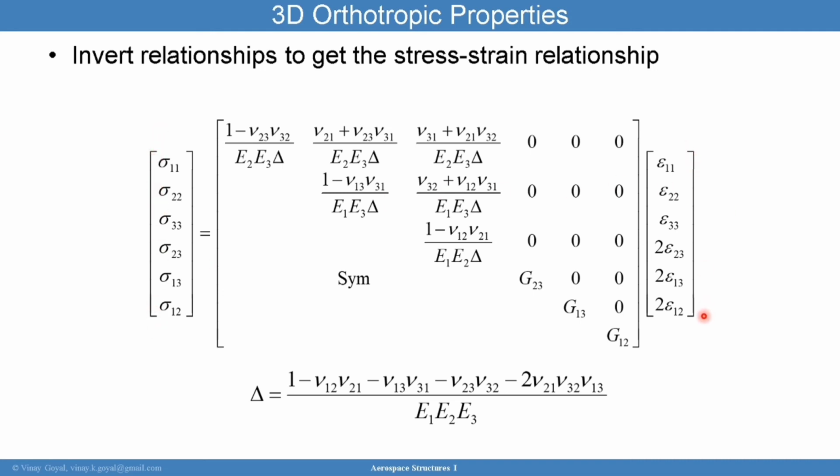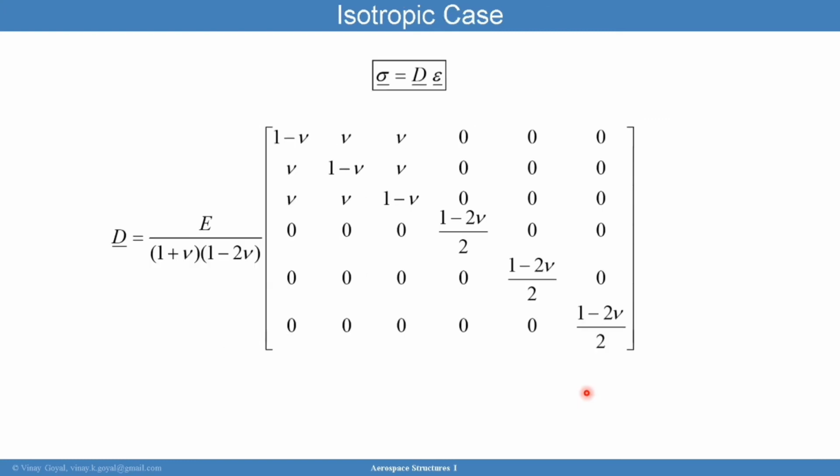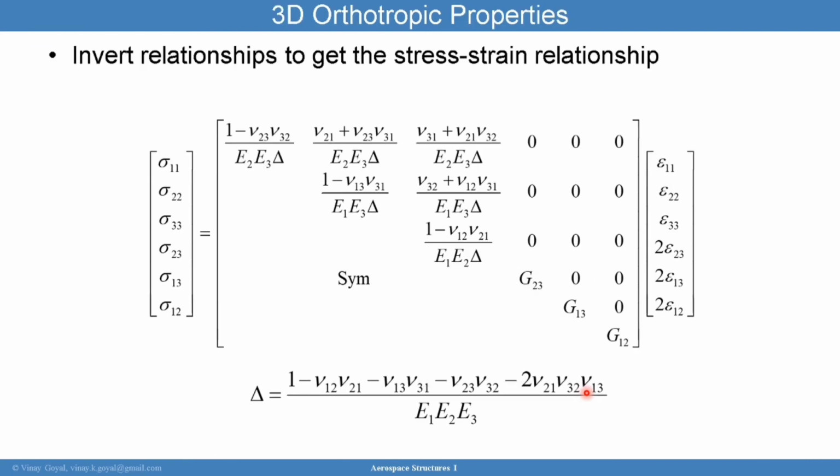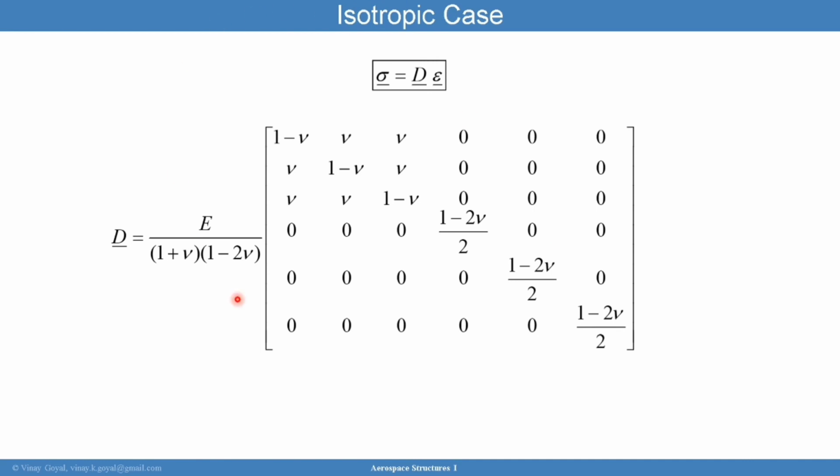That's what matters here. And again, the Poisson ratios are all equal to nu for the isotropic case, like aluminum or some other metal where the properties are not directionally dependent. So for the isotropic case, this is the relationship we get.